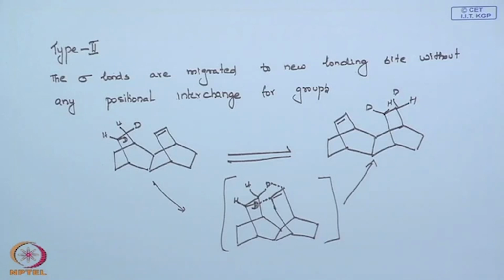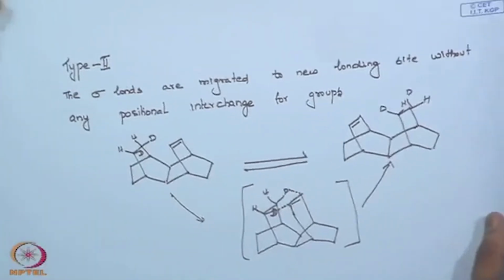of the diatropic rearrangement. These are the two types of diatropic rearrangements. Let me briefly recap: a diatropic rearrangement is a class of pericyclic reactions in which two sigma bonds undergo rearrangement intramolecularly in a concerted manner, and the movement of the two sigma bonds should be simultaneous.